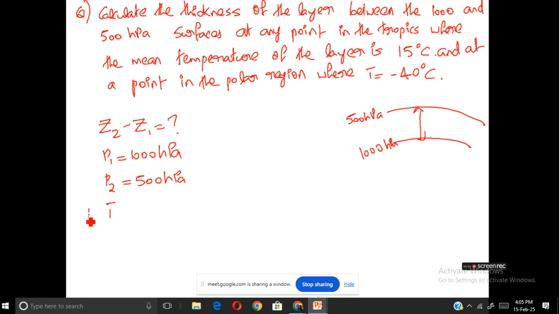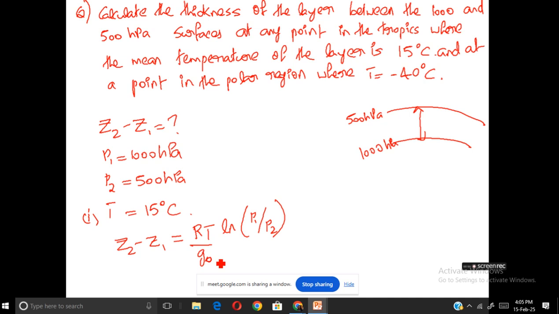T in the first case is given to be 15 degrees Celsius. So according to the hypsometric equation, Z2 minus Z1 is given by RT by G0 log P1 by P2.